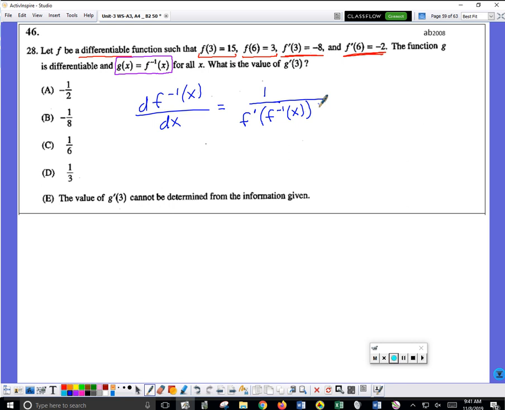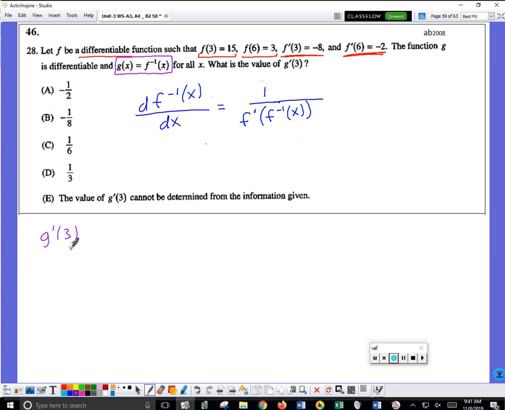Then it says, what is the value of g prime of 3? So we're looking for g prime of 3. From this point on in the problem, there's nothing really to teach you.